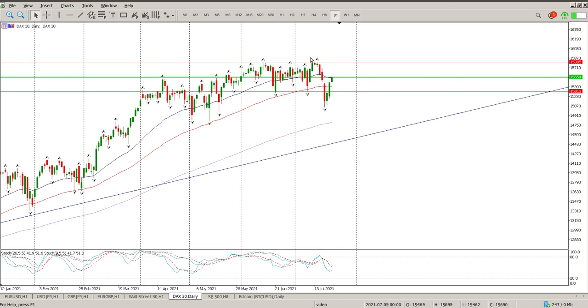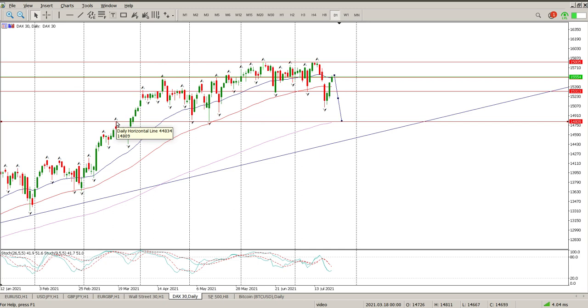Often what happens, if you break to the downside of a range, is you come back to either test the range or test the 50% level before you continue to the downside. That's the first scenario that we see, and if that was to play out, then what we're looking for is a move down to here, and if you look to the left, it lines up pretty well with the previous level here.